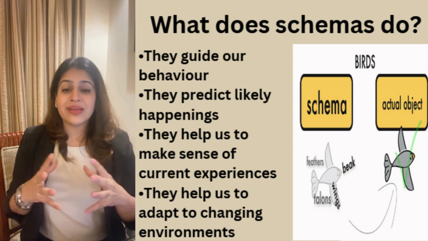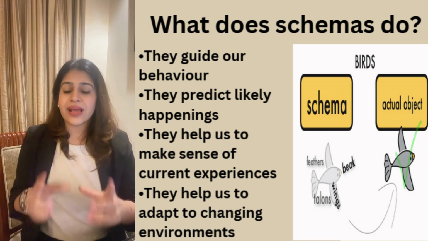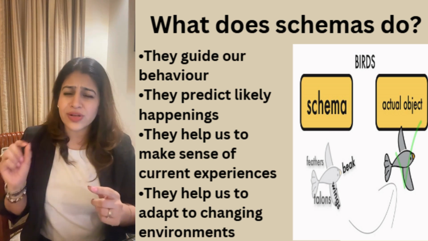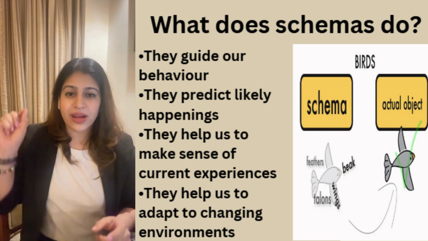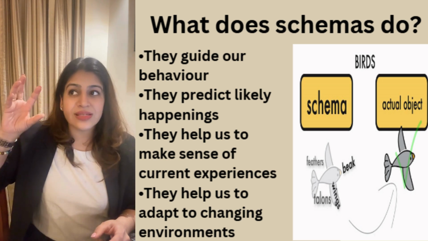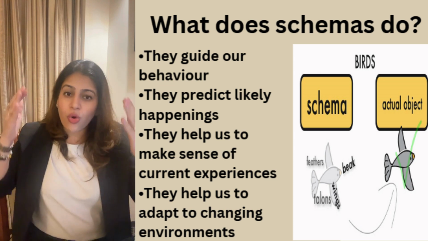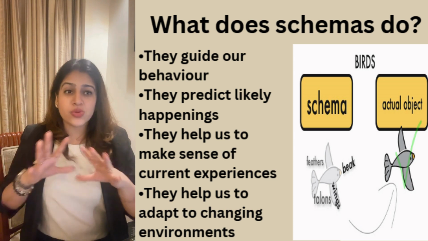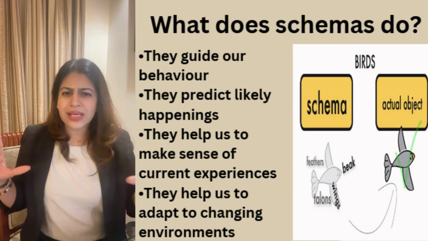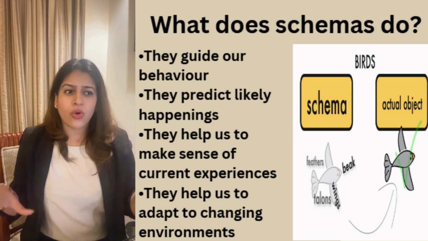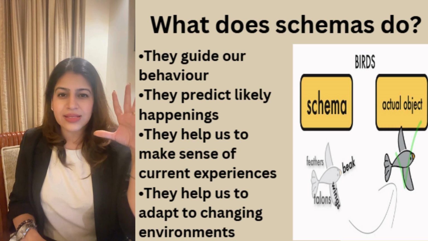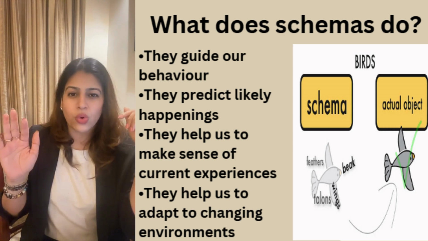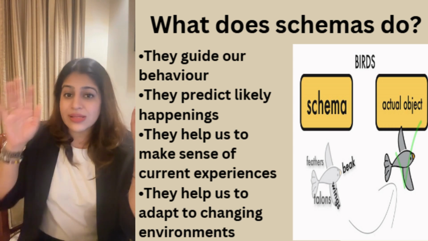They help us to make sense of the current situation. Like I just told you, there was this very first activity where washing clothes was there. The moment you knew that this is about washing clothes, the whole paragraph started to make sense, isn't it? Whatever we are looking around, it makes sense to us that, okay, this looks like this, the color is like this, or the shape is like this, this is the door, or this is a table, or this is a room.